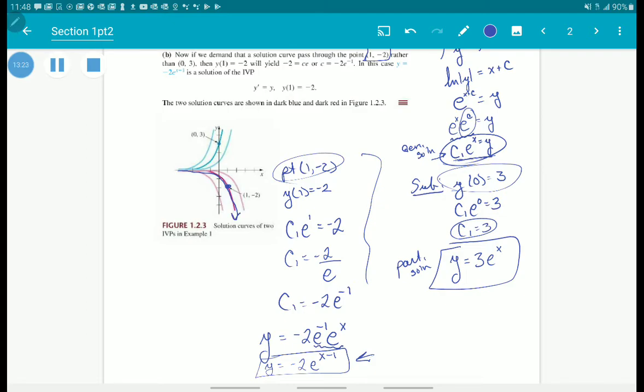So particular solutions will change and vary depending on what initial condition is given. Since this was a first order differential equation, we only needed one initial condition in order to figure out what our C value would be.